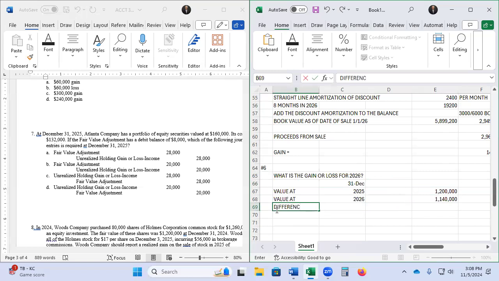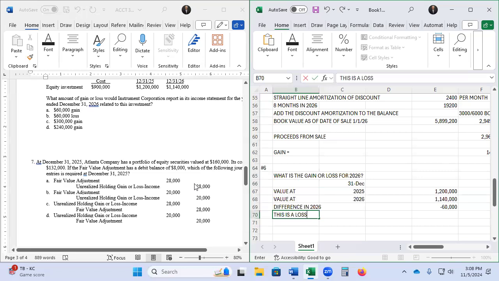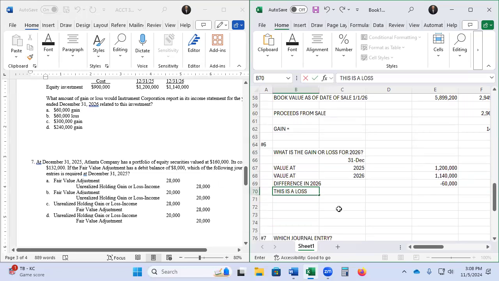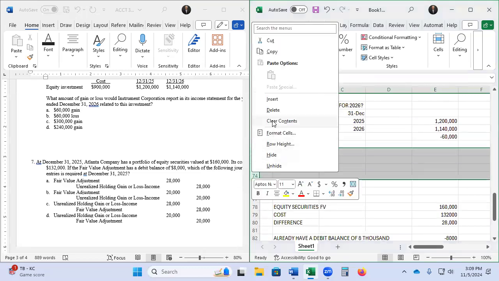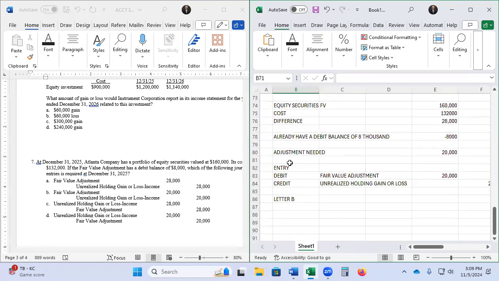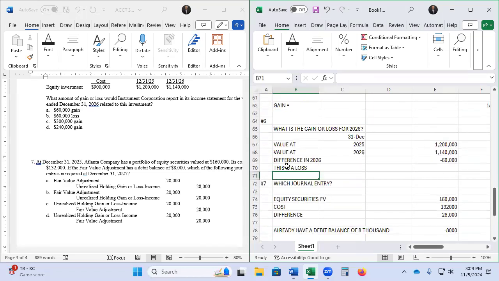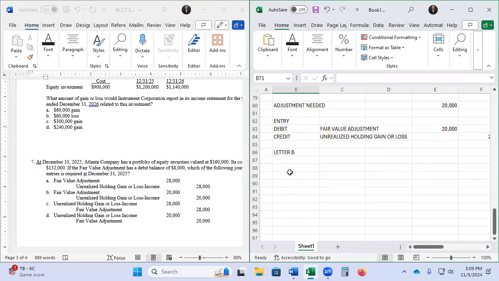So the difference in 2026 equals a $60,000 loss. And so that would be letter B. Any questions on number 6 or number 7? Okay, let's try number 8.